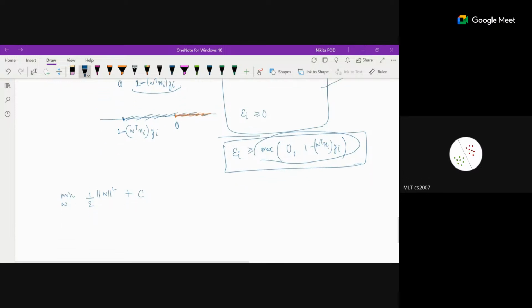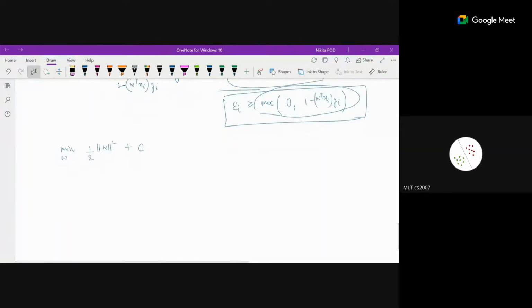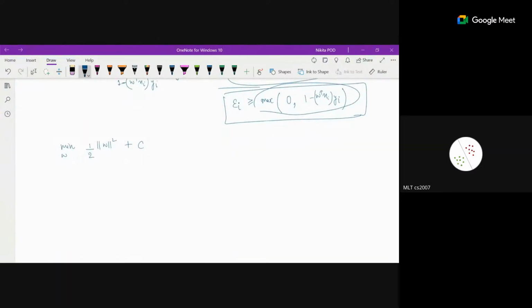So in the objective, instead of writing the sum over epsilon I, we can just write C times the sum of max of 0 comma 1 minus W transpose Xi times Yi, where I is varying from 1 to n, right?